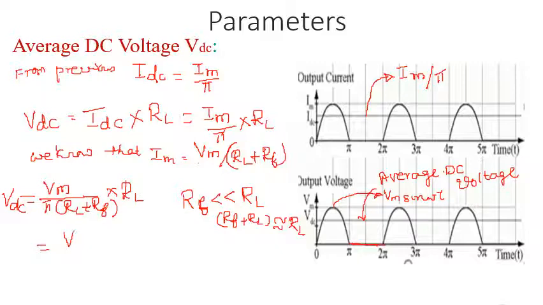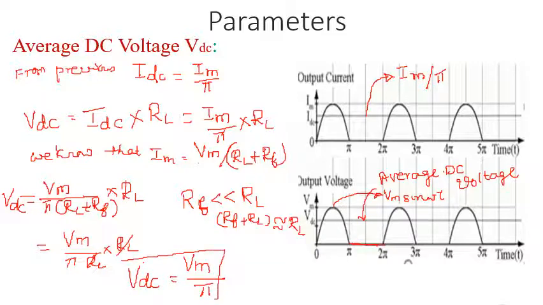It becomes Vm by pi RL into RL, RL cancels, and VDC is equal to Vm by pi.